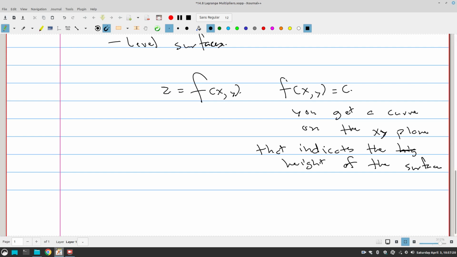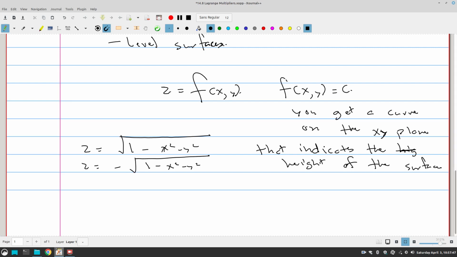So let's say you have a sphere, right? That looks like a unit sphere. The unit sphere has two equations, in fact. There are two functions, z equals the square root of 1 minus x squared minus y squared, and z equals negative square root of 1 minus x squared minus y squared.